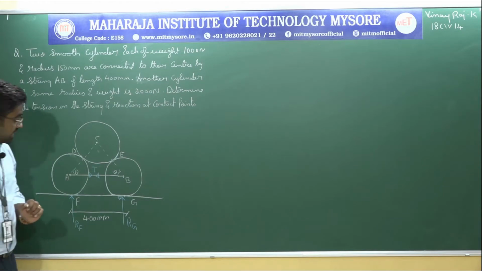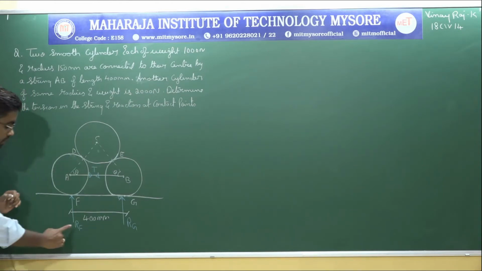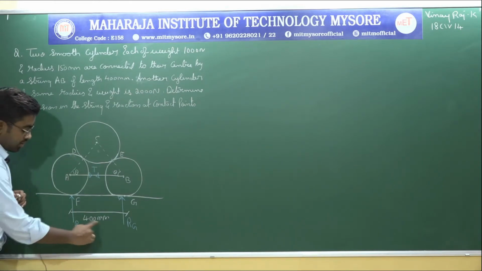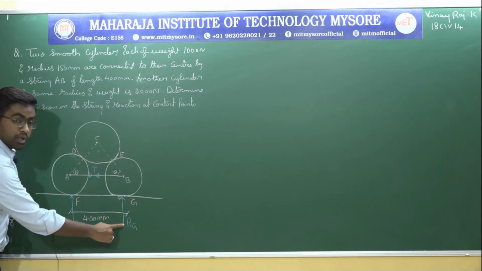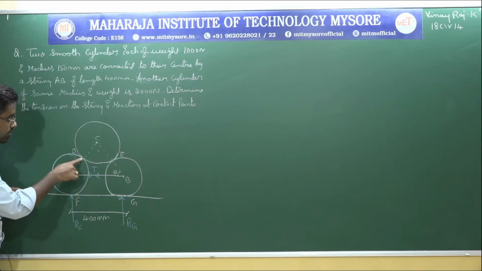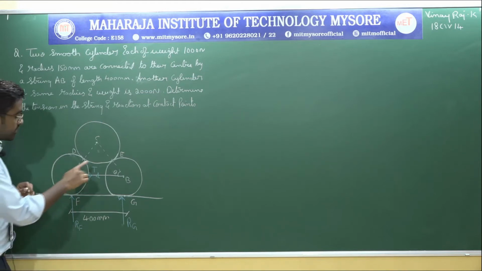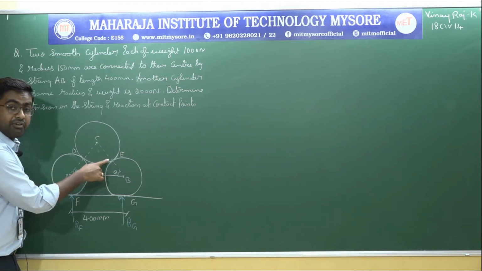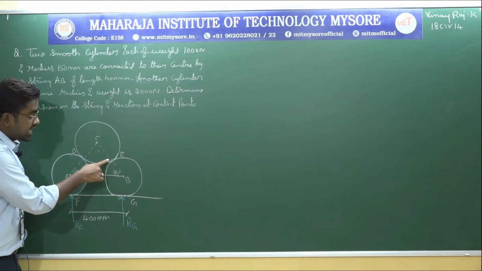So now in this particular problem I need to find out, number 1, RF, number 2, RG, number 3, the tension in the string, number 4, the reaction or the compression at the point D. And this one, that is the fifth unknown, is RE, that is also compression.